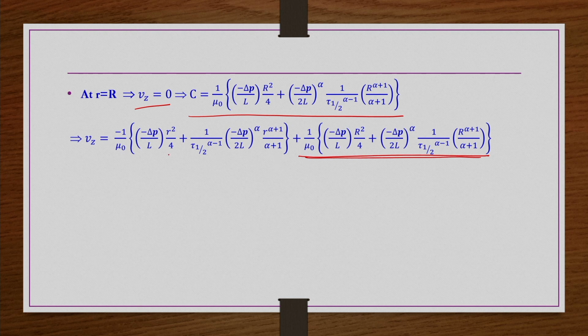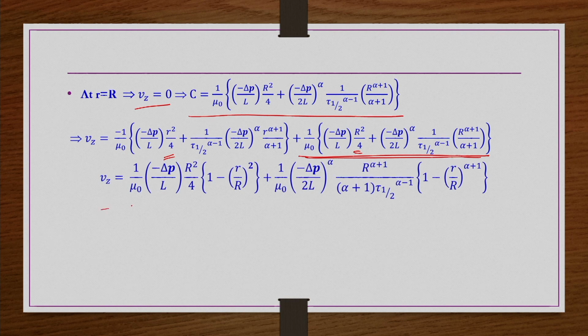So, whatever similar powers of r are there, we combine those terms together, that is the r square terms, and then the r power alpha plus 1 terms, and then we get Vz equal to this expression. This is nothing but the velocity profile.